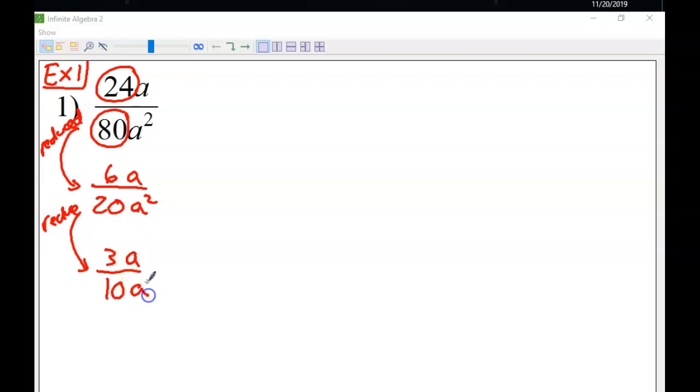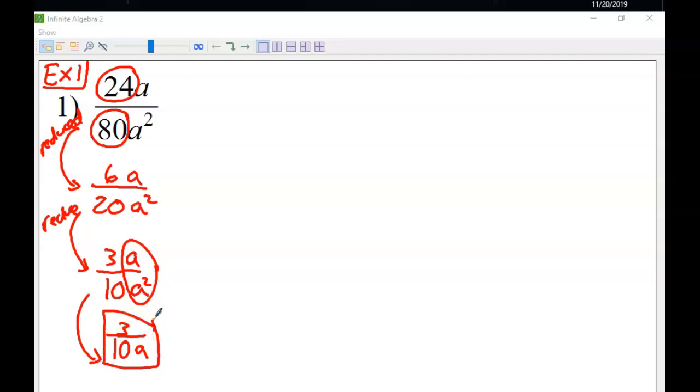Now that's for the coefficients there, but we also have these variables, right? How do we do that? Well, yeah, just A on the bottom, right? There's your final answer. Okay, now why?